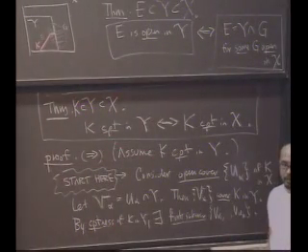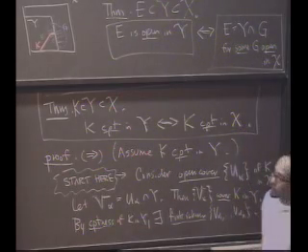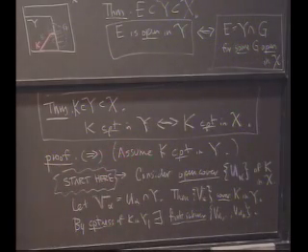How about the reverse direction? We're going to assume compactness in X, show compactness in Y, so I should start with what kind of sets? What kind of cover? Cover of K in Y. Very good.